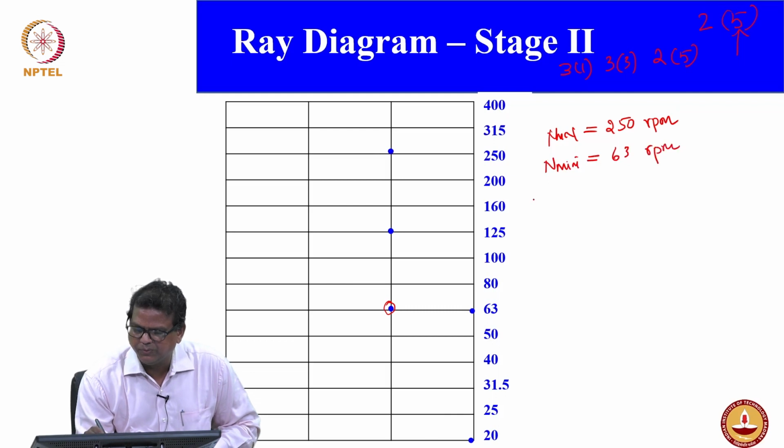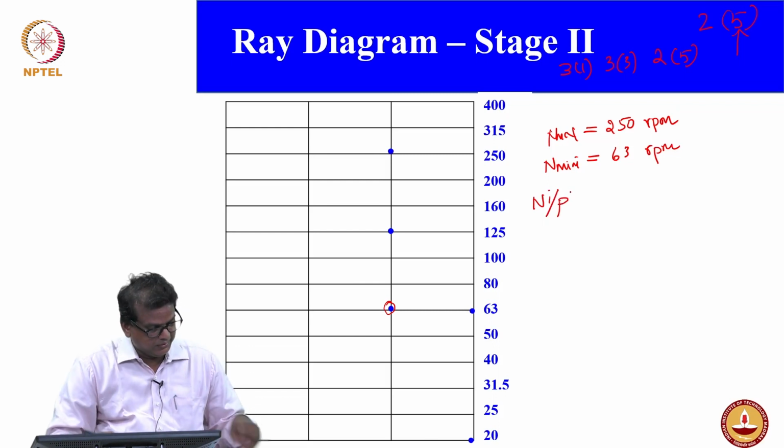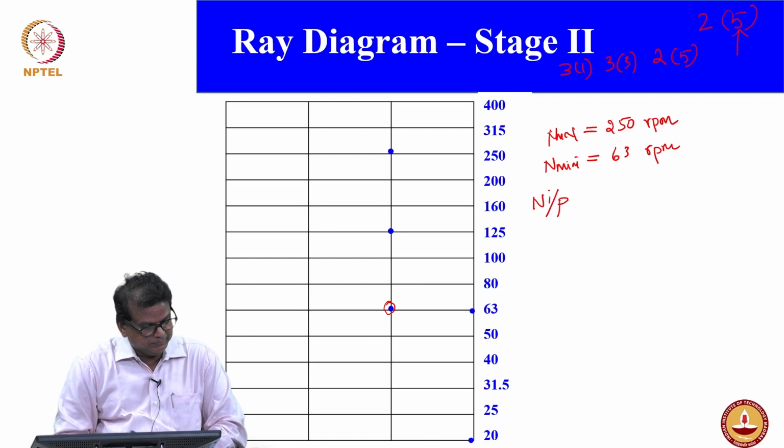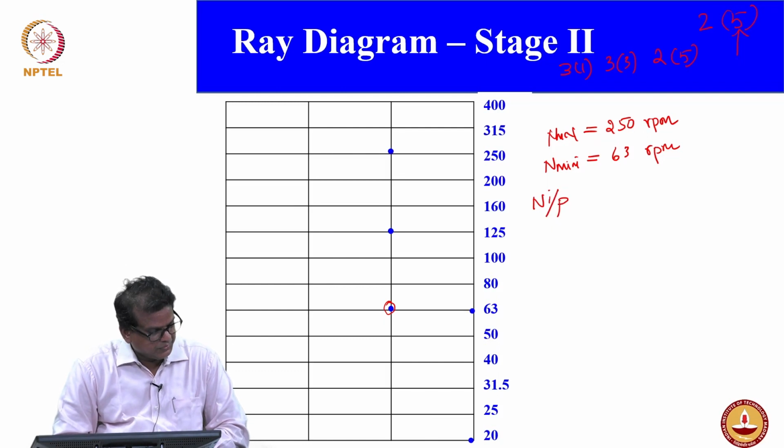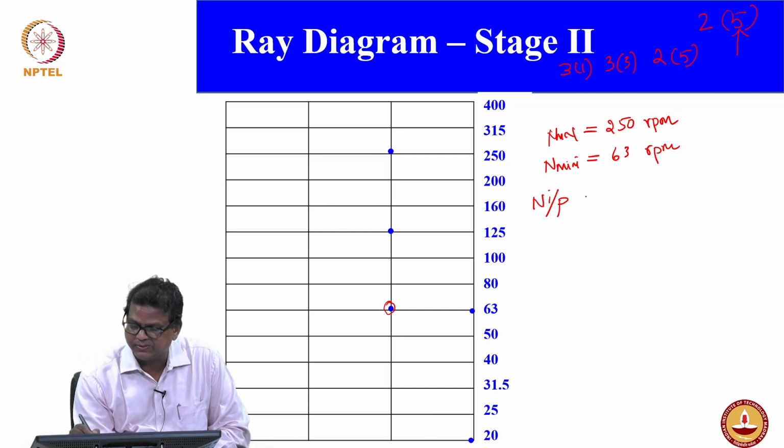So the N input should be between 63 and 250 RPM. Okay, right? So we'll choose 250 RPM as the input speed.